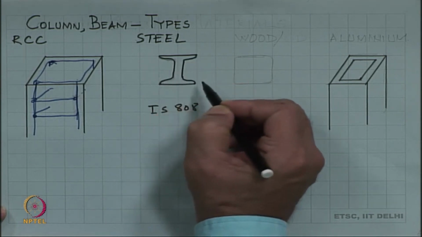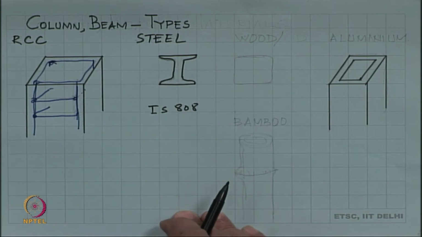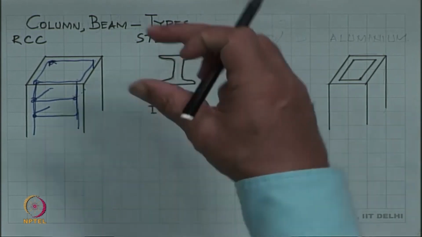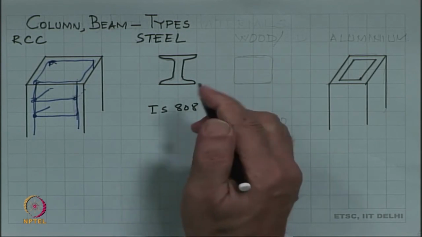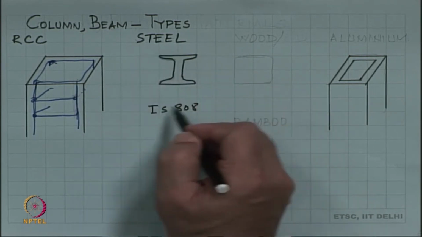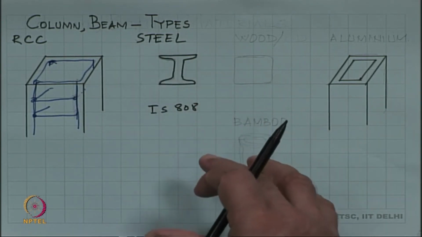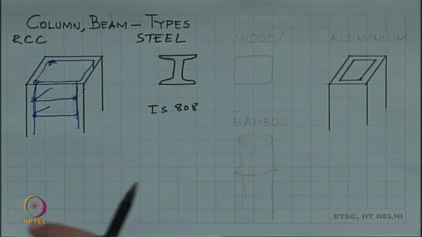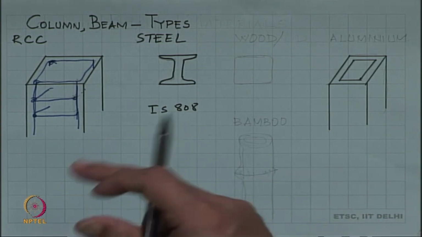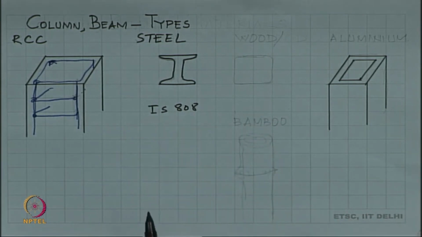I am showing one here which is called I beam, I section, and this is kept vertically, it goes normal to the paper. At the bottom it is welded to a plate, that plate is anchored into the foundation, and then on this steel structure we attach the beams and fix other elements.